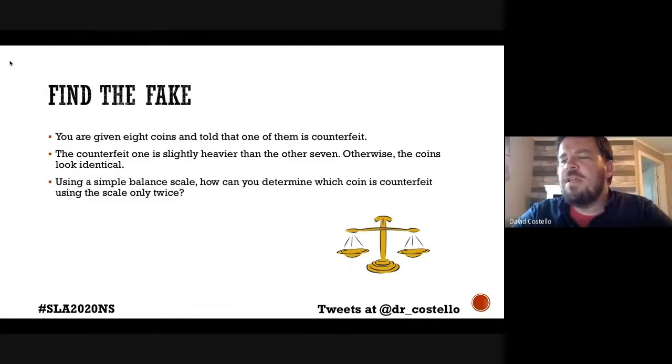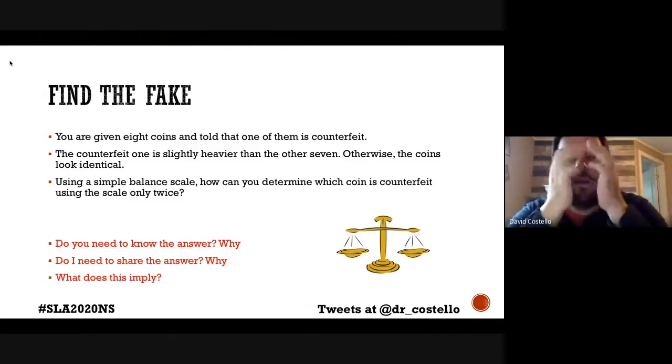I'll give you a few minutes to think about this, because I think it's important that we engage in mathematical thinking, and it puts us into perspective of what our students are and how they're feeling in the classroom. So when you're thinking about this, I want you to think about these 3 questions that I just put up on the screen in red font.